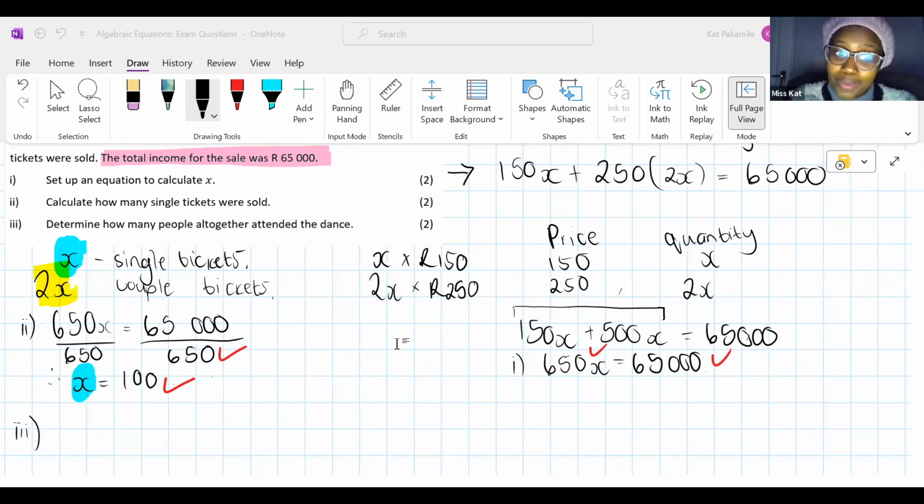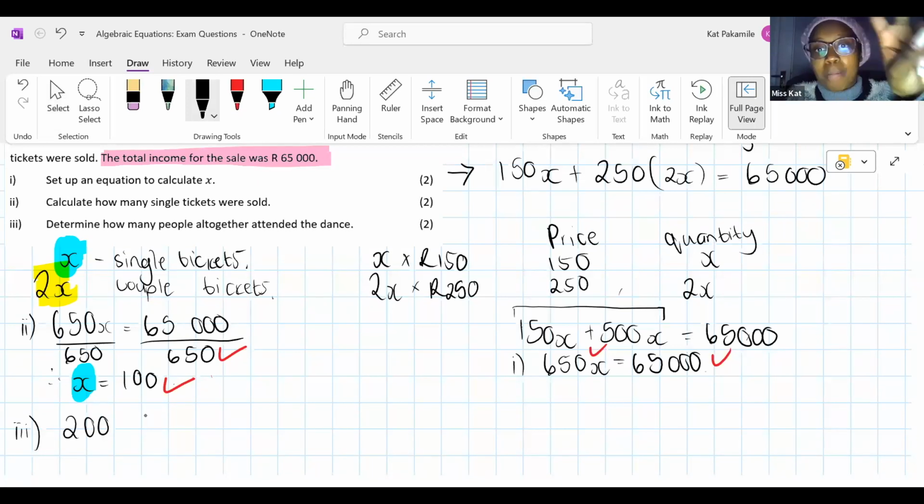So if you sold 200 couple tickets, that means per ticket, there were 2 people. So how many people are actually attending for the couples tickets? So you have to say 200 times 2.